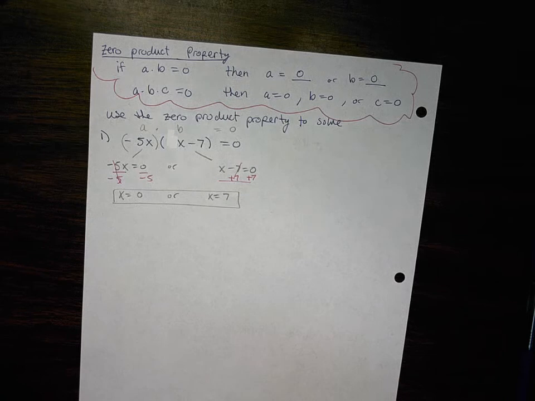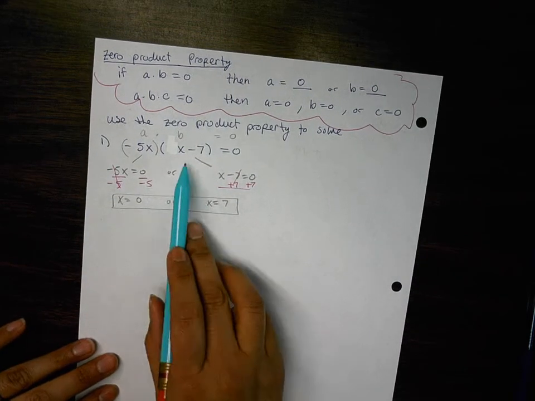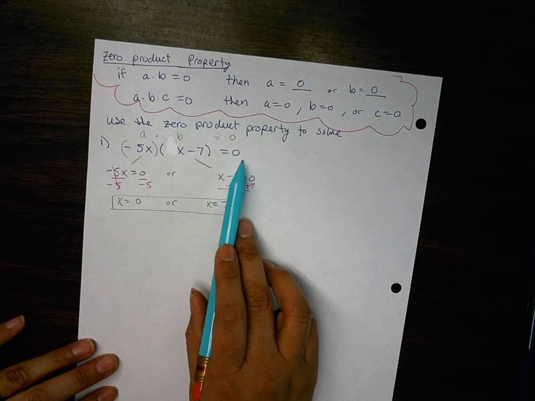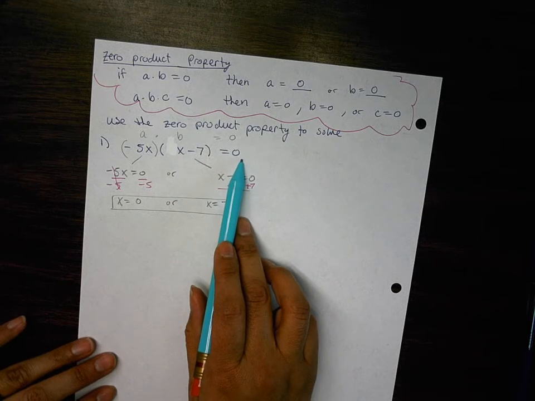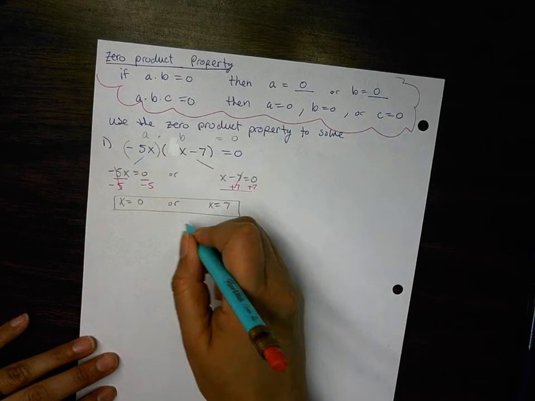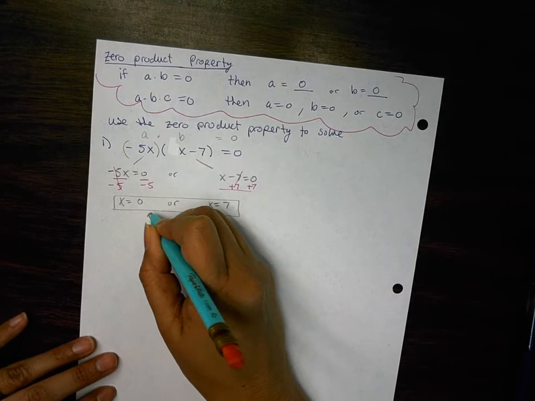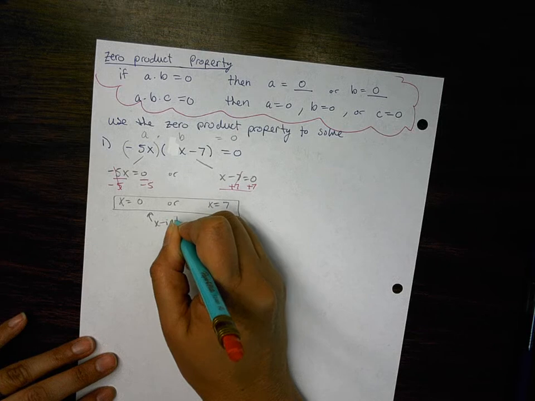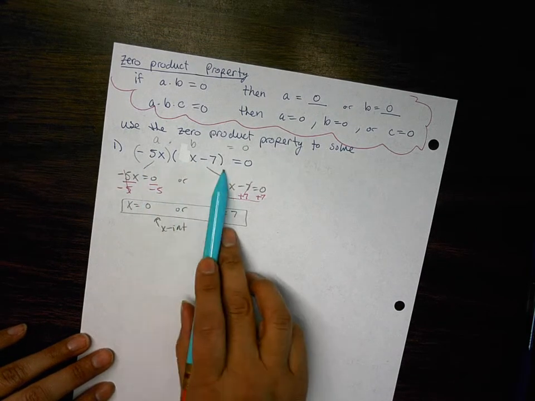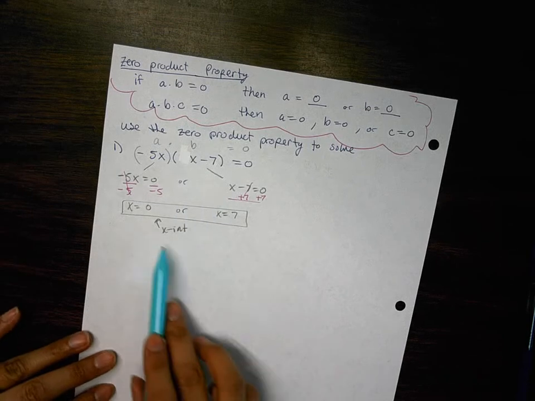Now, we talked about this a few days ago. If I have a function and I drop the y and put in 0, what am I looking for? If I take the y and replace it with 0, what am I looking for? X-intercept. These are your x-intercepts. Does it make sense? If I distribute this, this would be an x squared function, which is a parabola, which means that these two are my x-intercepts.